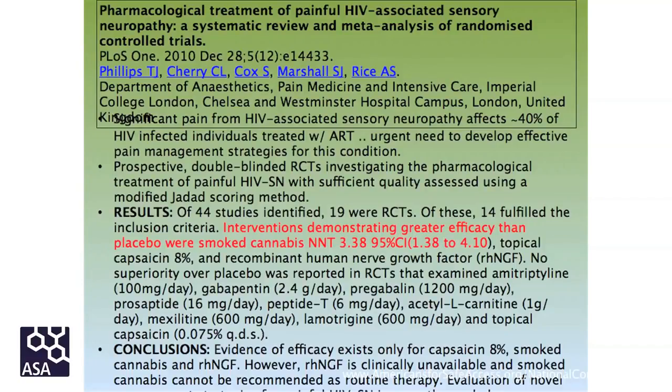Another study looked at treatments for HIV-associated sensory neuropathy, and it turns out that cannabis is essentially one of the only drugs that has a solid evidence base to treat this condition. So it's not just that cannabis is shown to be effective: you can pick a disease and find that only cannabis has the most solid evidence base to treat it. So it should essentially be the number one recommendation.